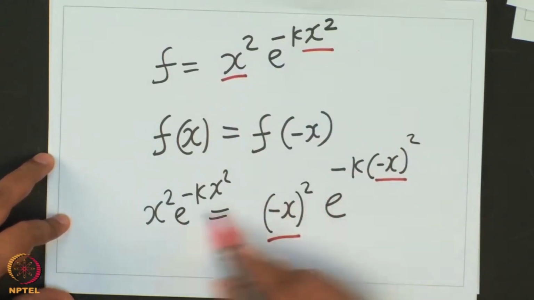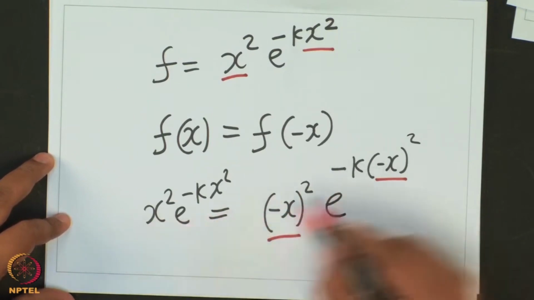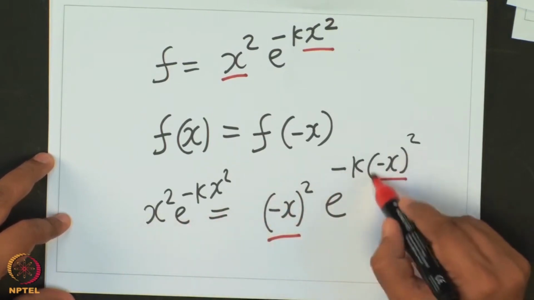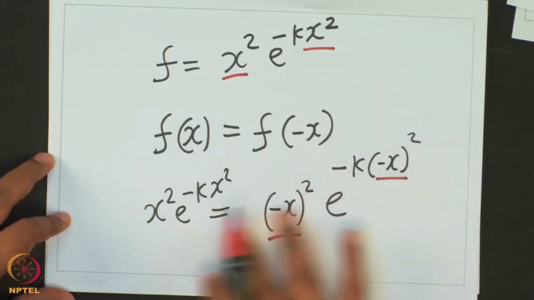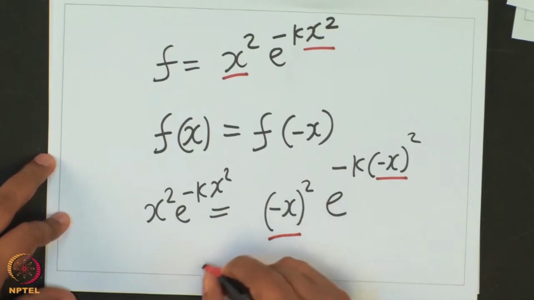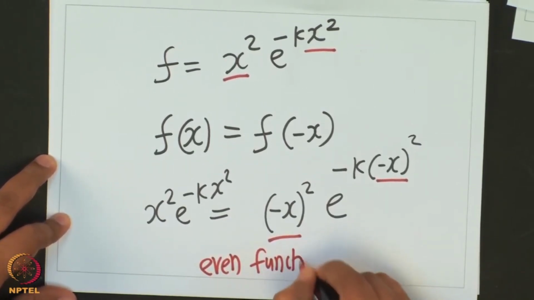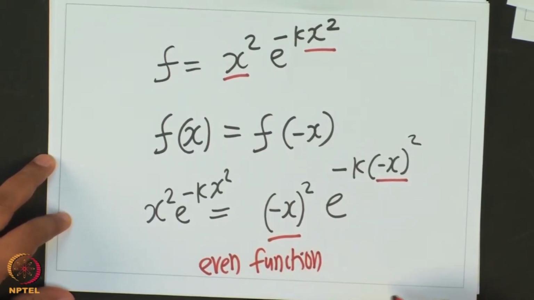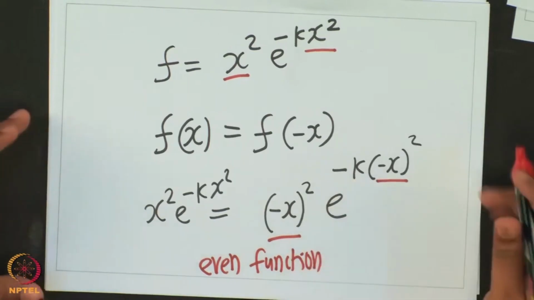These two are exactly equal because minus x square is x square. So these two are the same, and this is an even function. So this integral would be a positive number itself.